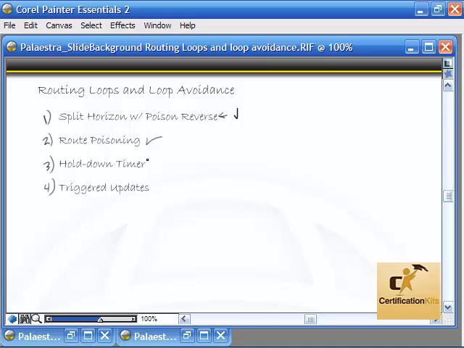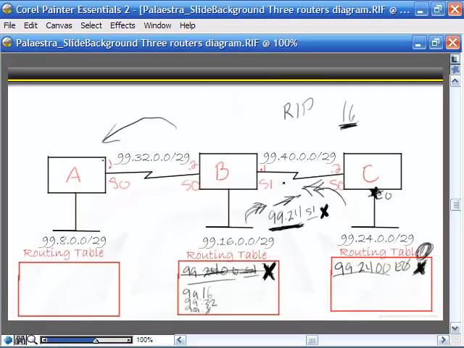Another thing that happens is a hold down timer gets put into effect on router C. Since C marked this as down, he will not accept any changes to his routing table concerning network 99.24 until he knows all of the other routers have been updated.